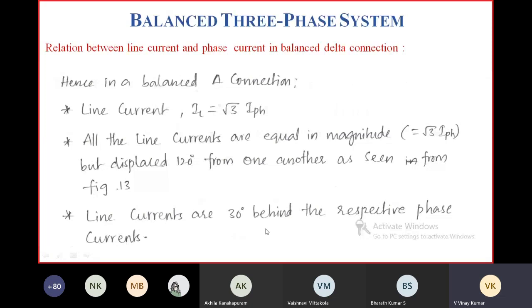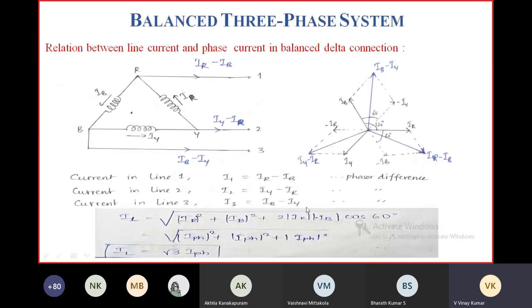From this phasor diagram, you come to know that this is phase current and this is line current. The angle between these two would be 30 degrees.